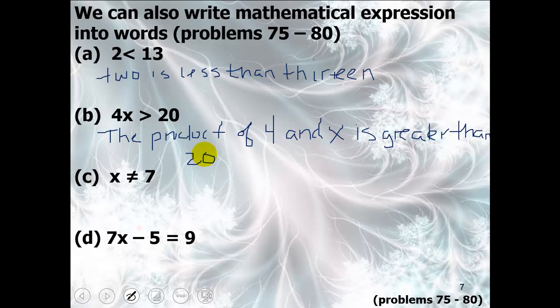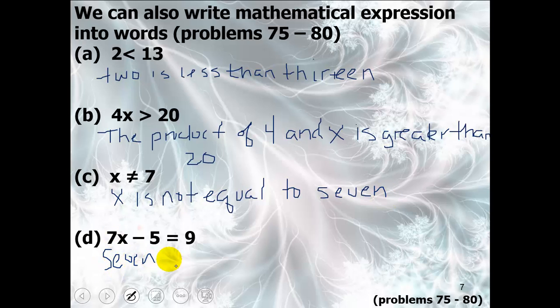Welcome back. C, x is not equal to 7. D, 7 times x minus 5 is equal to 9.